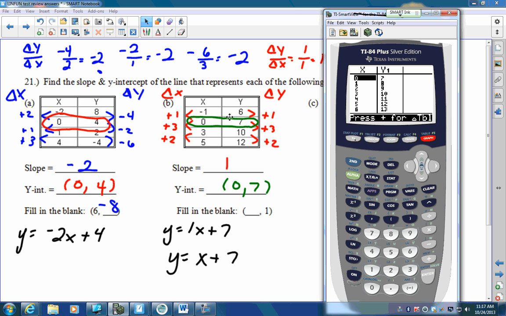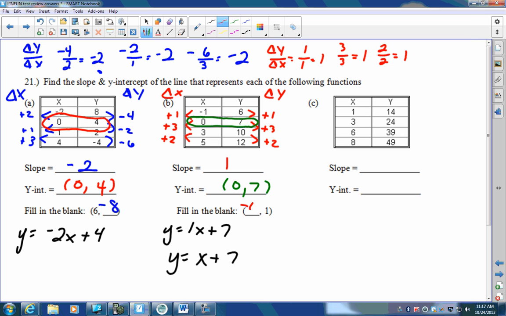And you need to double check and make sure these points that are right here on your paper are in your table to make sure that you have the right equation. So now we're trying to find out where y is 1. And it looks like I'm going to have to go backwards to find y is 1. Y is 1, x is -6. So I should have -6.